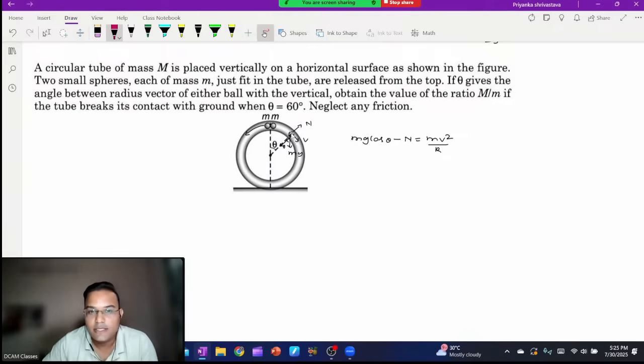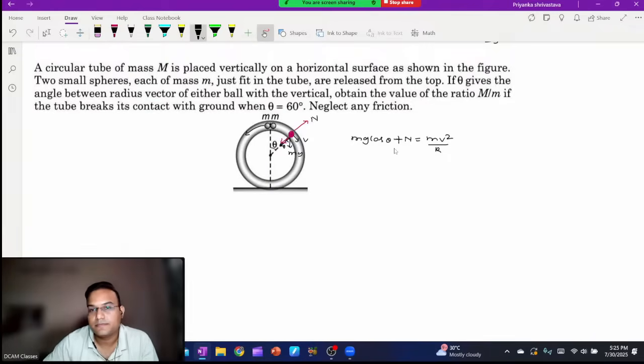If we are considering the force on this ball, because they have said this circular tube will lift up, in that case the normal reaction from the tube to the ball should be towards the center, and from the ball to the tube should be in this direction. Are you getting my point?